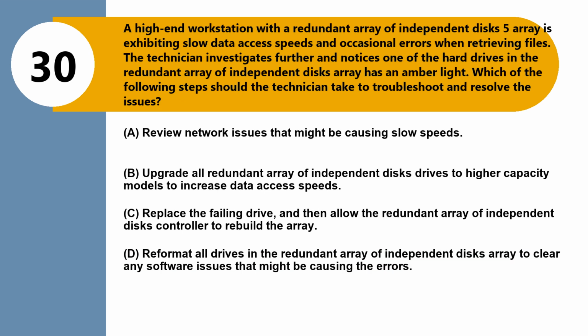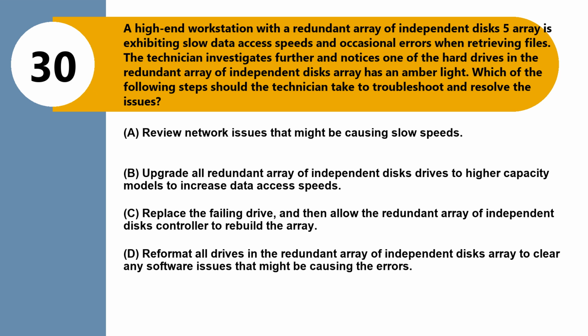Question 30. A high-end workstation with a redundant array of independent disks 5 array is exhibiting slow data access speeds and occasional errors when retrieving files. The technician investigates further and notices one of the hard drives in the redundant array of independent disks array has an amber light. Which of the following steps should the technician take to troubleshoot and resolve the issues? Option A, review network issues that might be causing slow speeds.